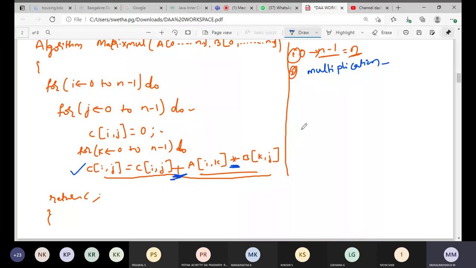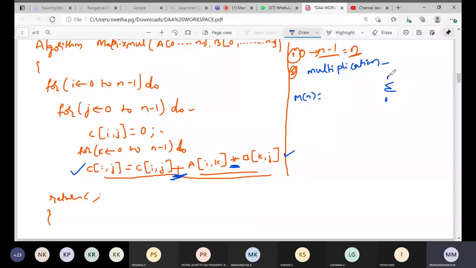Now let me take the time as M of n, equal to the multiplication count of size n. You can take whatever you want. This statement will be executing for the k loop, 0 to n minus 1. For each k loop, this basic operation will be executing one time.